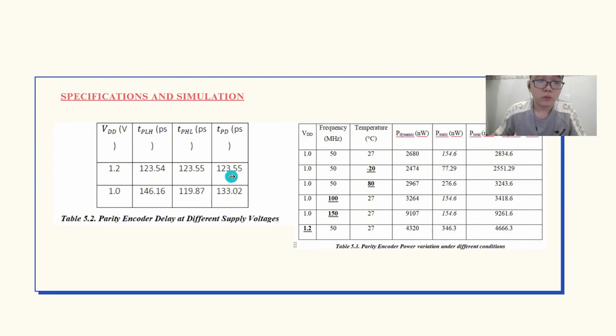But when VDD is 1.2, the TPD changes to 123.55. Why? This is because the higher supply voltage allows the transistors to switch faster, thus reducing delay and improving circuit speed.